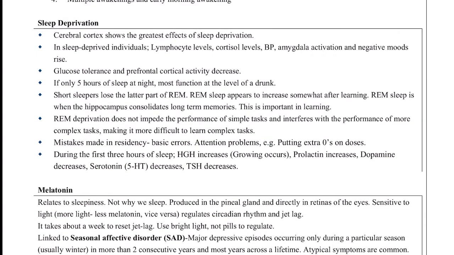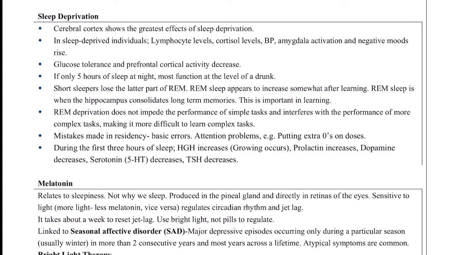Next, sleep deprivation. The area of the brain most affected by sleep deprivation is our cerebral cortex. And due to cortisol changes, there's going to be changes in the lymphocyte levels. There's going to be a decrease. The blood pressure will increase. Amygdala activation and negative mood rises.